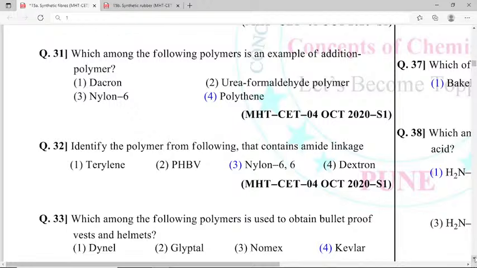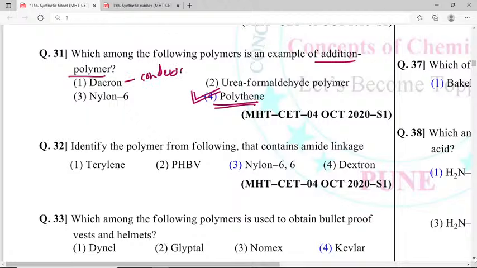Which among the following polymers is an example of an addition polymer? Double bonded compounds show addition polymerization. So this is polythene. Polythene is of the class of addition polymerization. Dacron is a condensation polymerization.